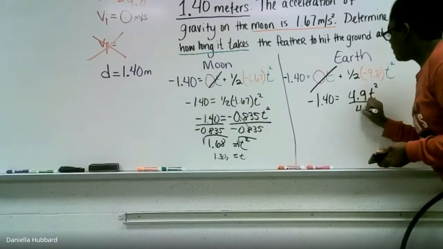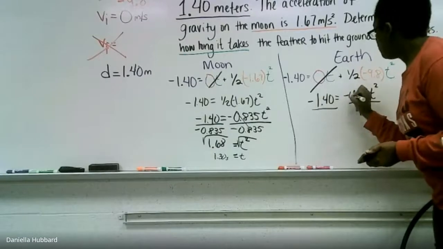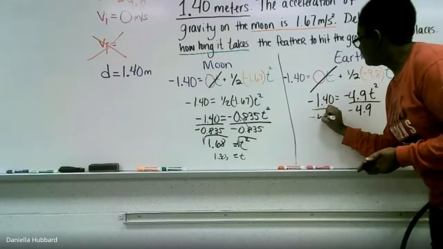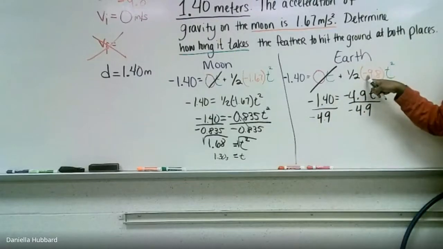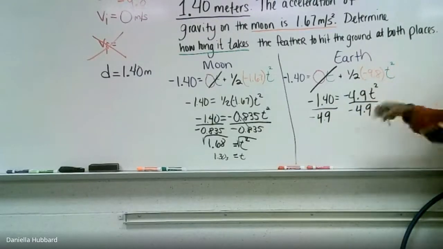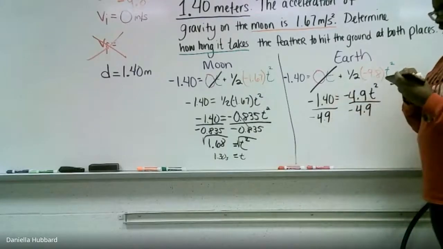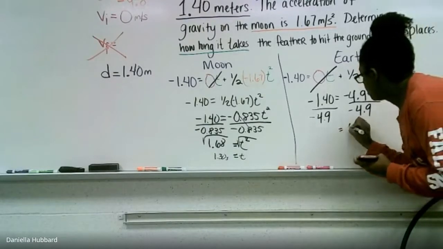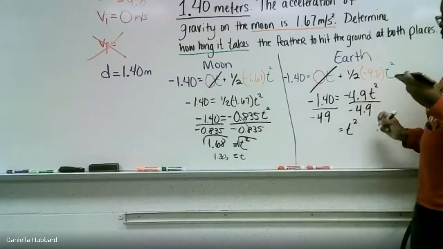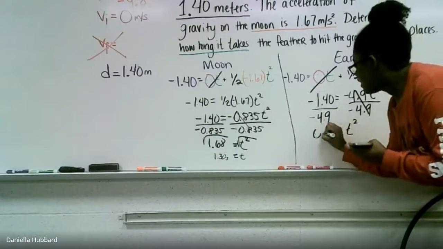We're multiplying by 4.9. Oops, that should be negative. Caught my mistake. Why? Because we have that negative 9.8 that we took half of. We're going to divide negative 1.40 by negative 4.9. T squared is 0.29.